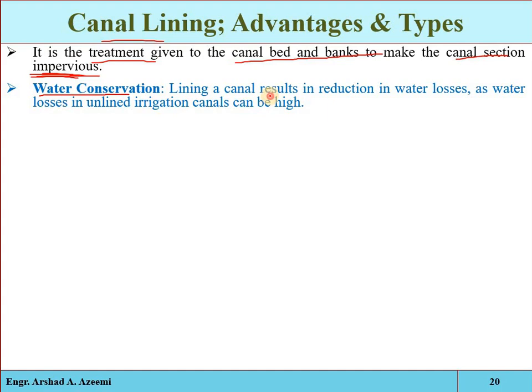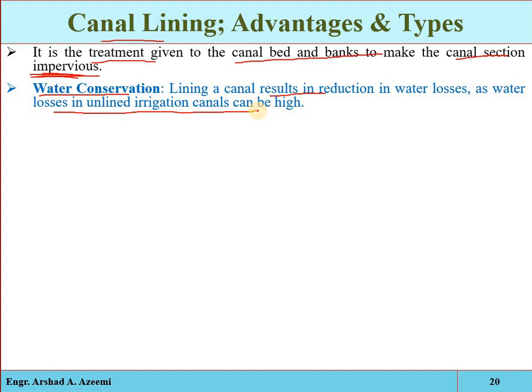Lining a canal results in a reduction of water losses, as the water losses in an unlined irrigation canal can be high. By means of lining the cross section, they will be controlled and conserved. That is an important reason for lining a canal.